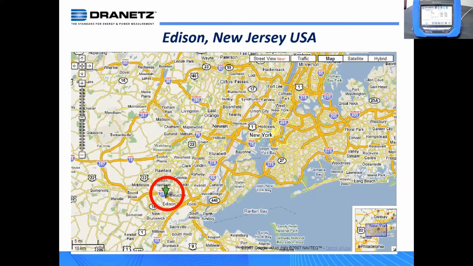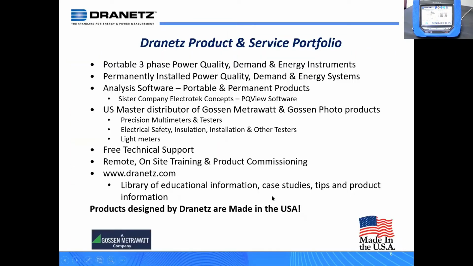A lot of folks would want to visit Dranetz, but under the guise of a trip to Manhattan and seeing New York City, especially in the coming months with the holidays coming up. People would love to go see it. So we are very well situated, and hopefully once COVID comes down, we're happy to have you at our facility, and we hope you're happy to visit us and we can all travel again. A very convenient location in the Northeast of the United States.